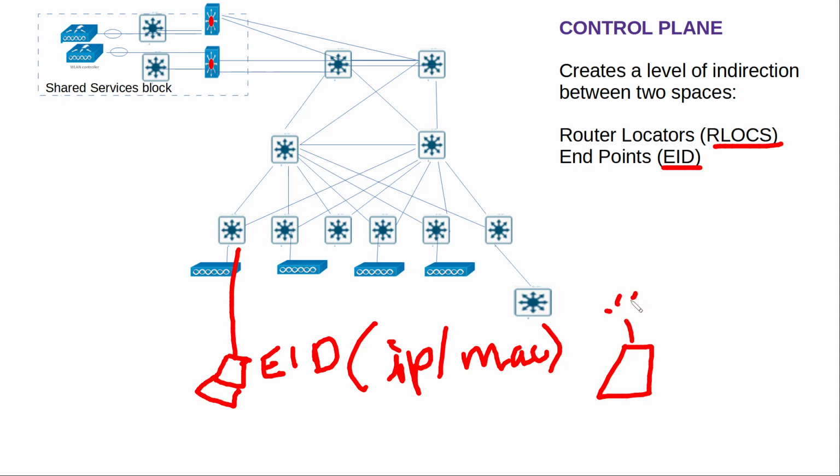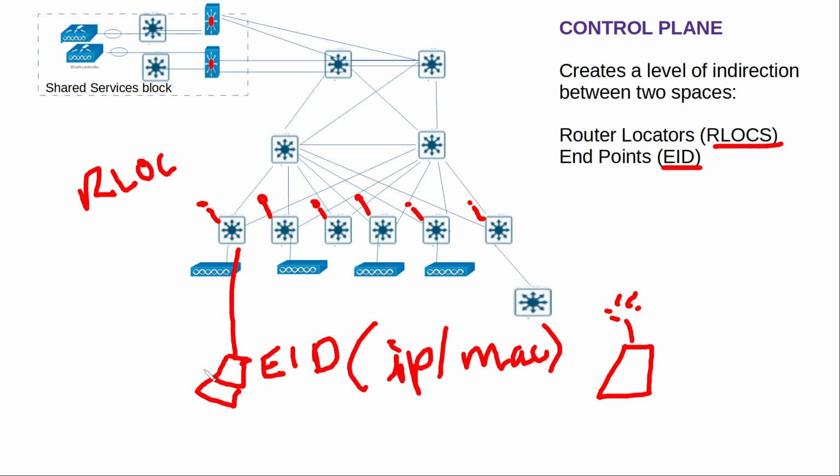I'm going to use these devices' IP address and MAC addresses to identify it. And I'm going to use the loopback IP addresses that are configured in my network devices as my RLOCs.